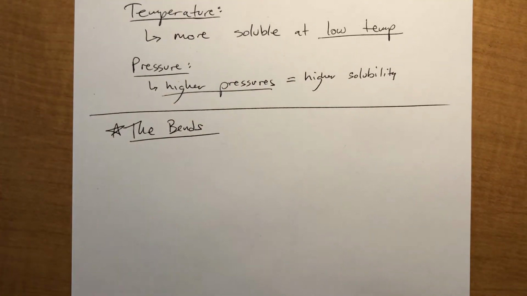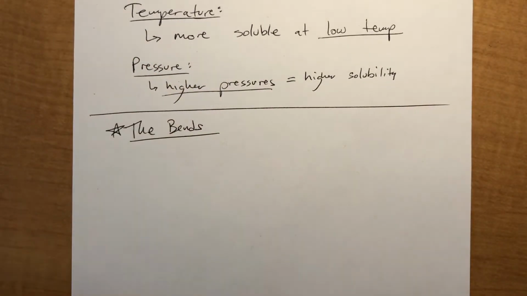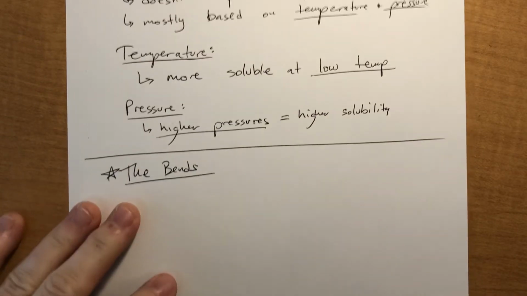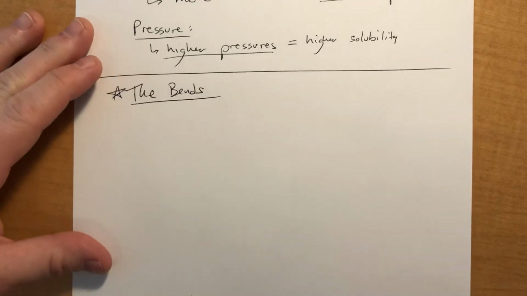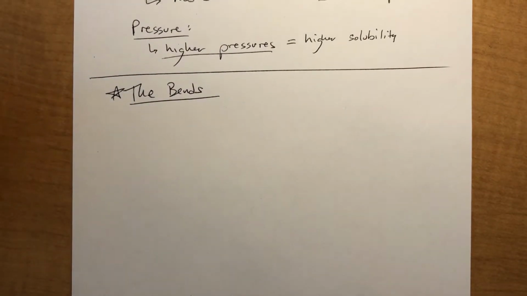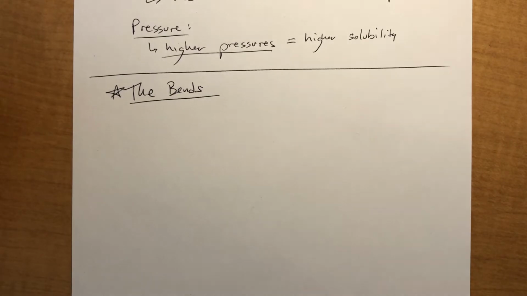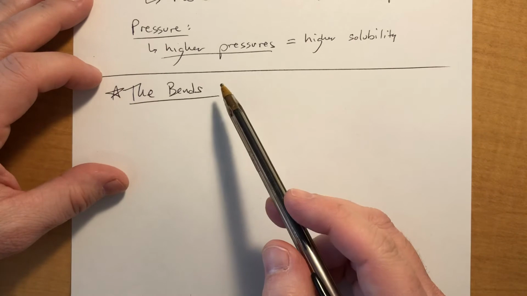Okay? And that's not a big deal. You need high pressures to keep your lungs inflating properly, and you need it to breathe properly. But the problem is that we just said that at high pressures, things dissolve. So stuff that normally doesn't dissolve, like nitrogen. The atmosphere that you're breathing in right now is almost 80% nitrogen, and almost none of it dissolves in your blood.